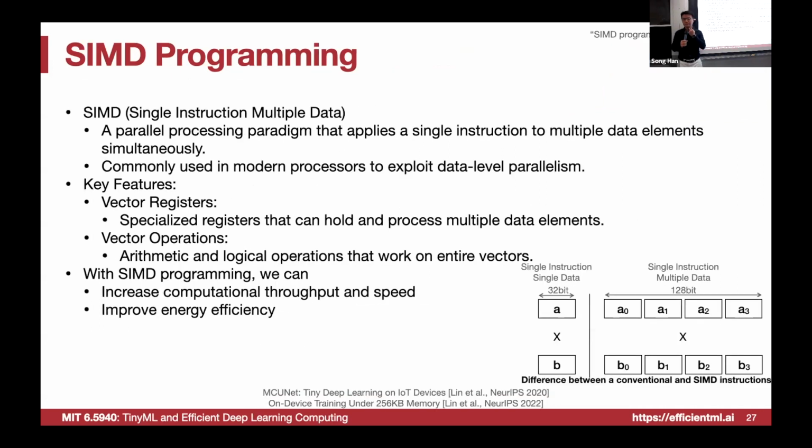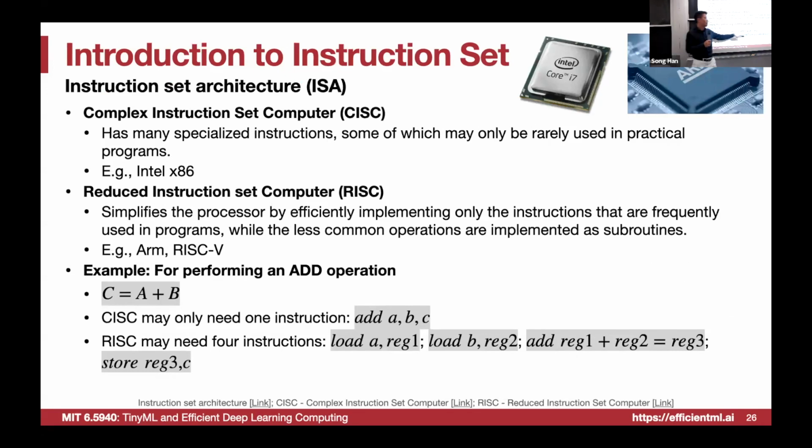So what is SIMD? Single instruction, multiple data. Previously, like the example here, one instruction just operates on one piece of data, just one operand each: A, B, and C, for a single add operation.